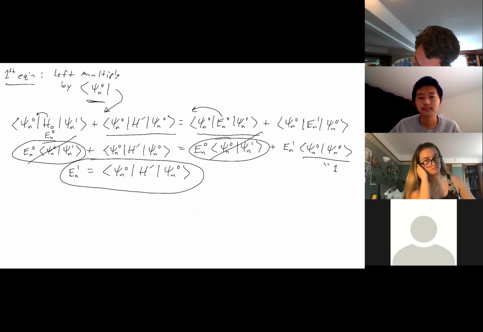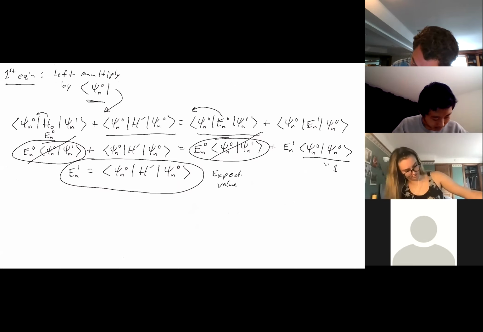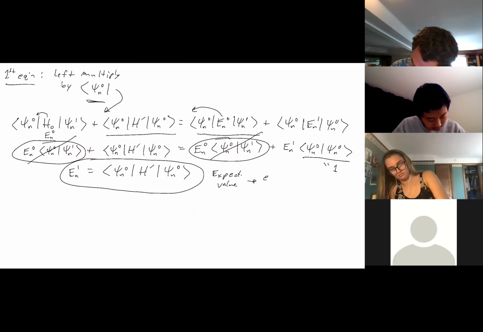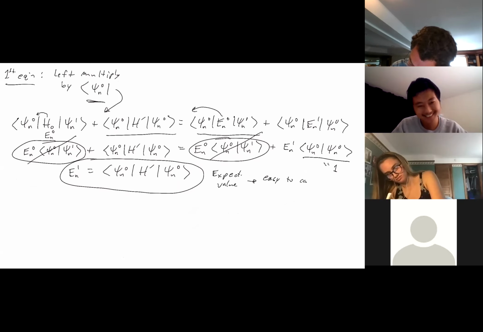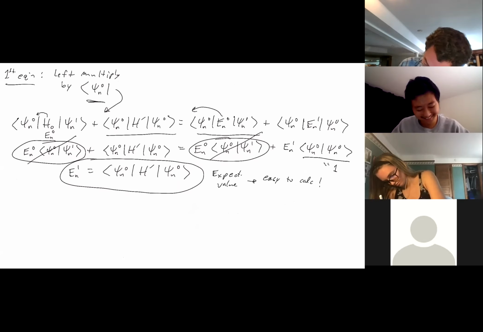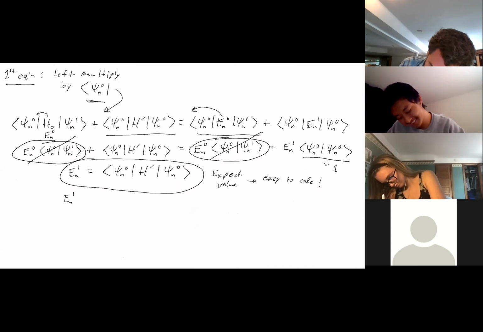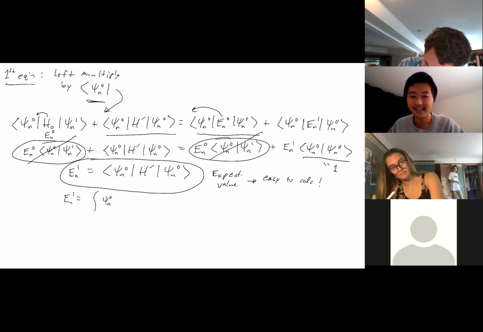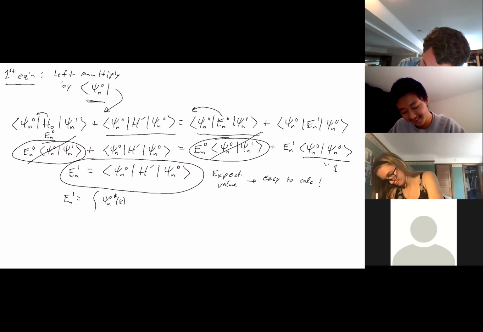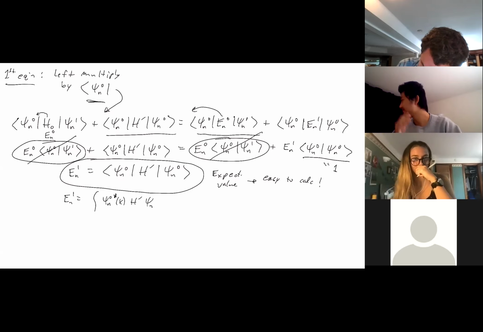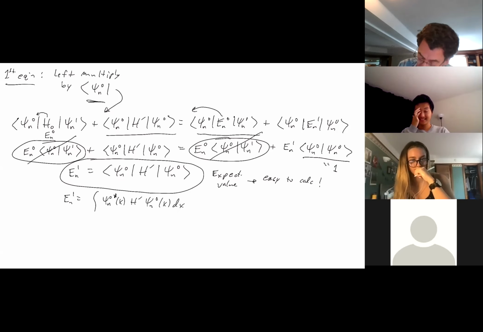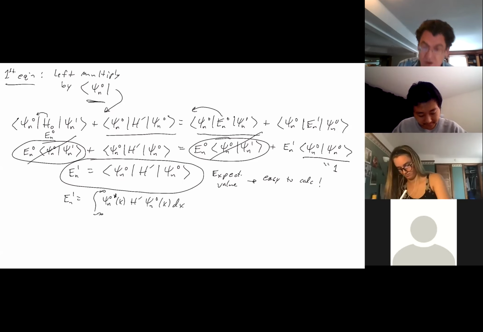It's an expectation value, and an expectation value is easy to calculate, because E_n^1 is just an integral: the integral of psi_n^0 star of x times H' times psi_n^0 of x dx for a one-dimensional system, say from negative infinity to infinity, or whatever the boundaries are depending on the details. But I just want you to see that this is easy to calculate.